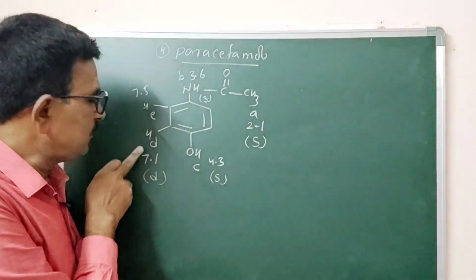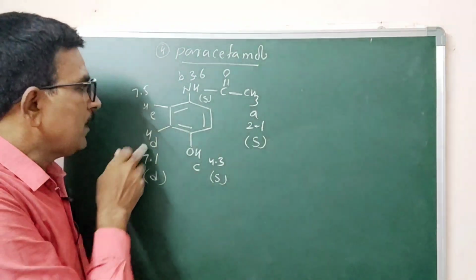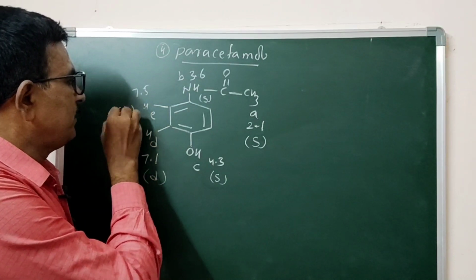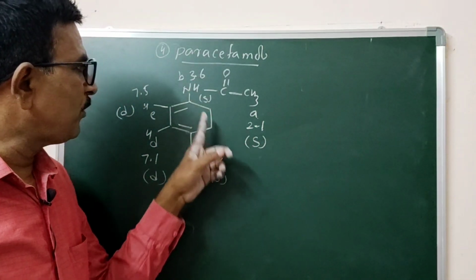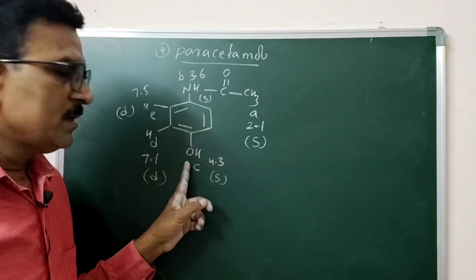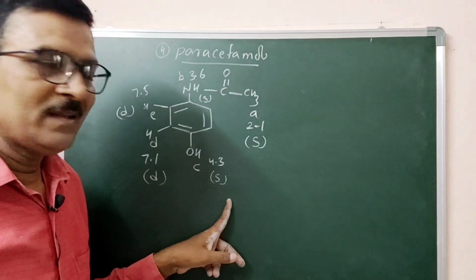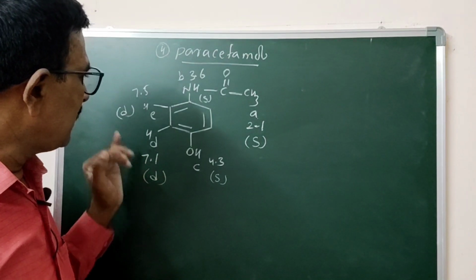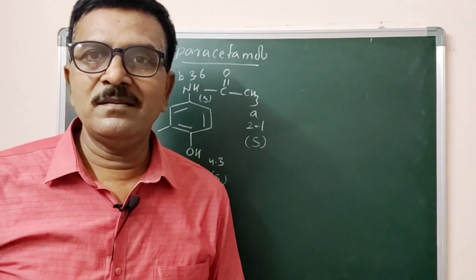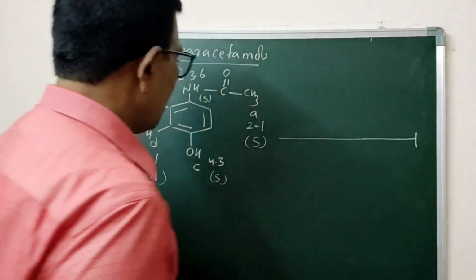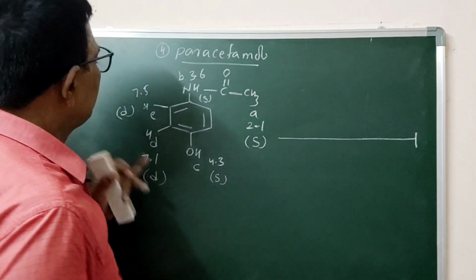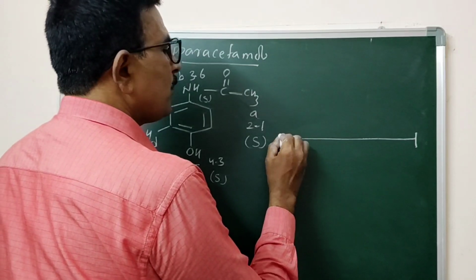Similarly, E proton has one adjacent, hence appears as a doublet. So A proton appeared singlet, B proton appeared singlet, C proton also appeared as a singlet, D proton as a doublet and E proton as a doublet. Now coming to presentation, the E proton doublet.